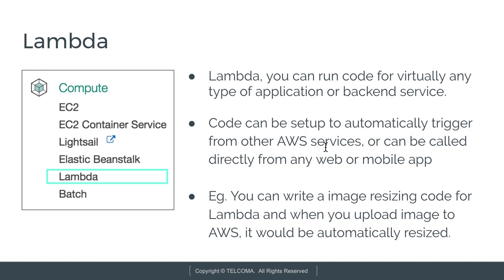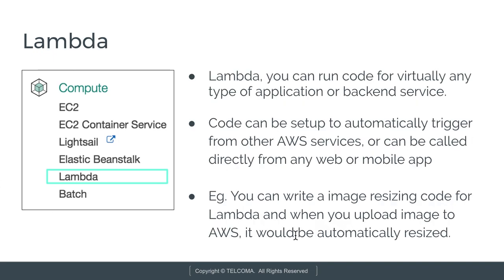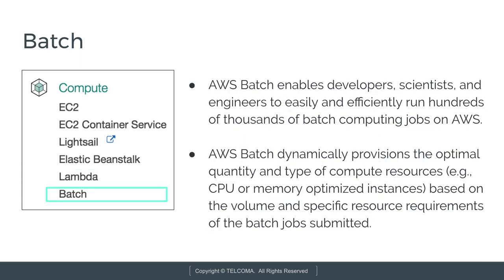It provides us the high availability, security, performance, and scalability of AWS infrastructure that we require. Code can be set up to automatically trigger from other AWS services. For example, we can write code so that when you upload an image, it will be automatically resized.